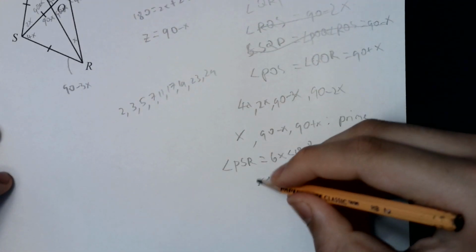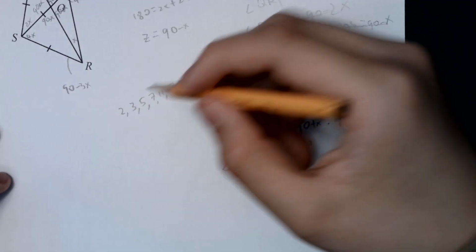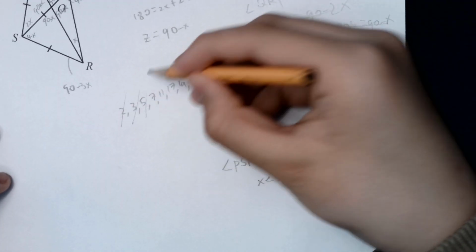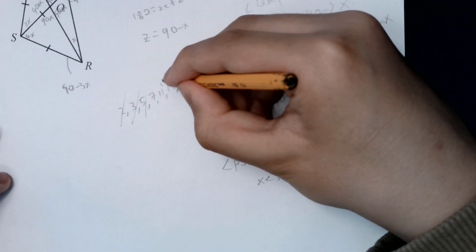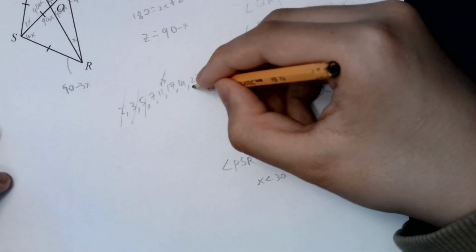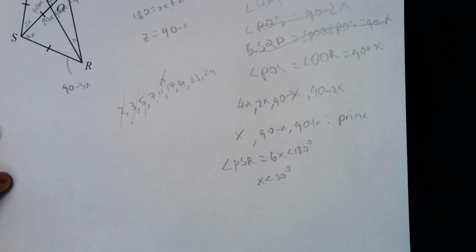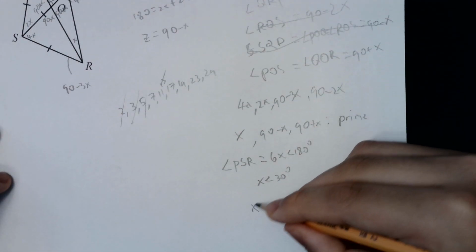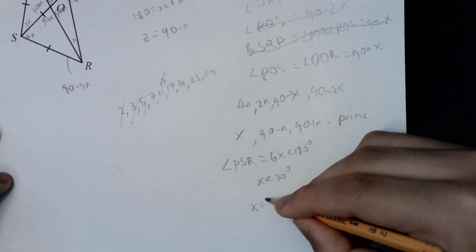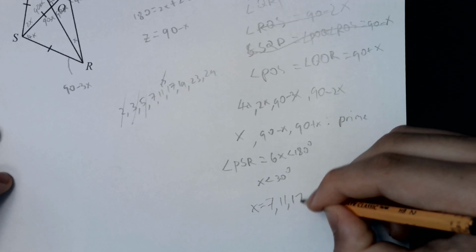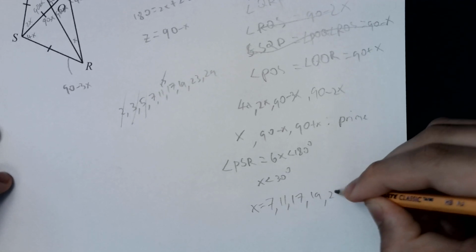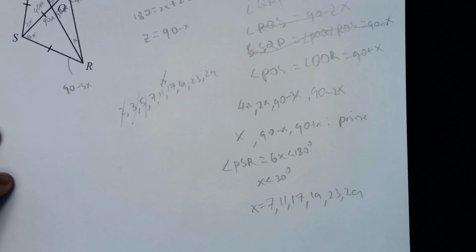Now here, we can see that, sadly, 2, 3, 5, I forgot 13 in here, 13, and 13 cannot be possible. If you plug these into x, these just won't work, which means that x has to be equal to our remaining prime numbers, 7, 11, 17, 19, 23, and 29.